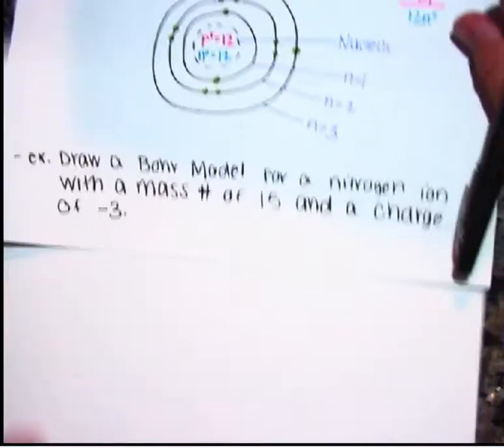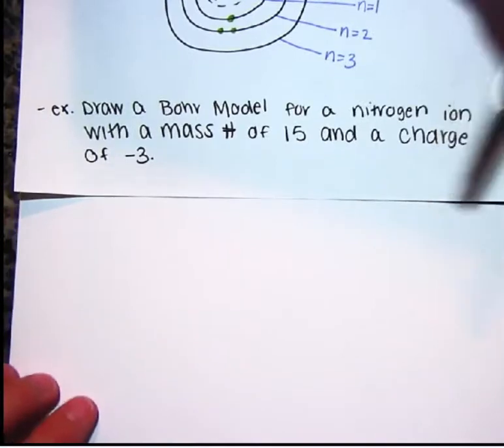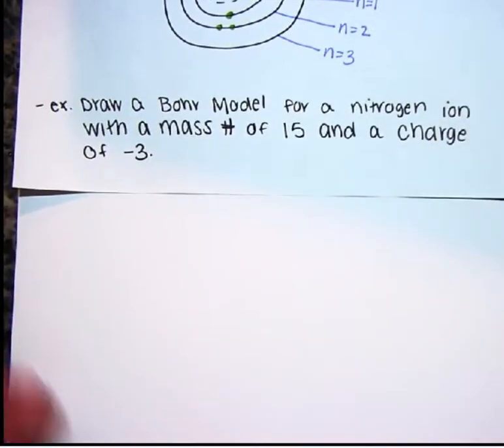So pause the video, take a minute, try to draw this one on your own. Once you have your model drawn, unpause the video, come back, check and see how you did.